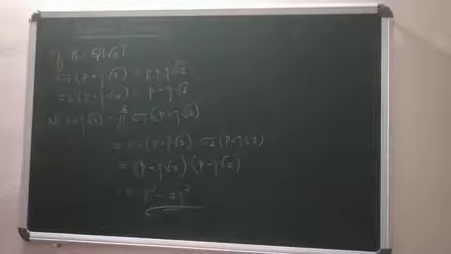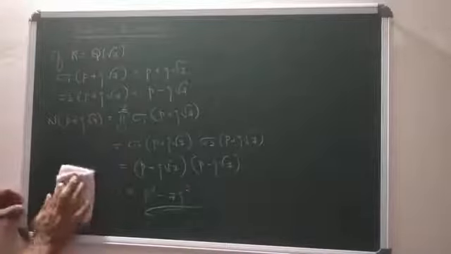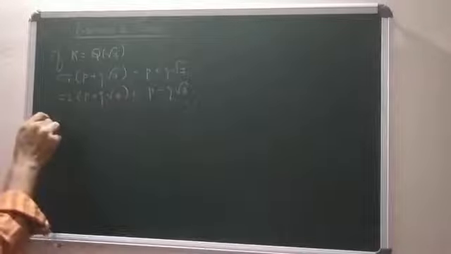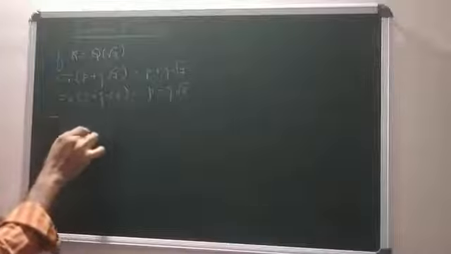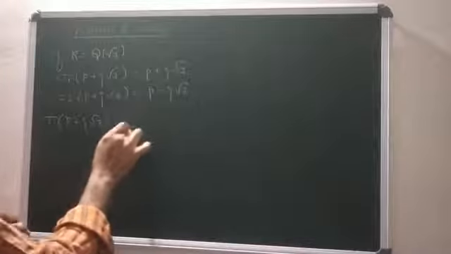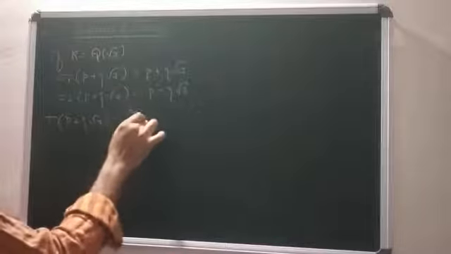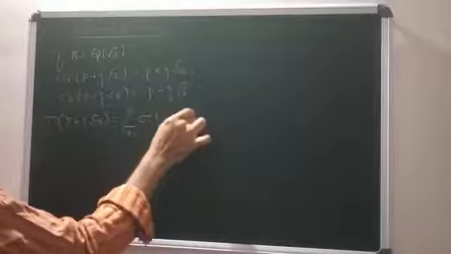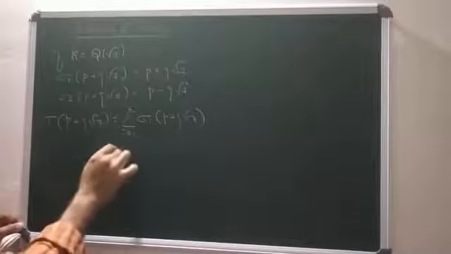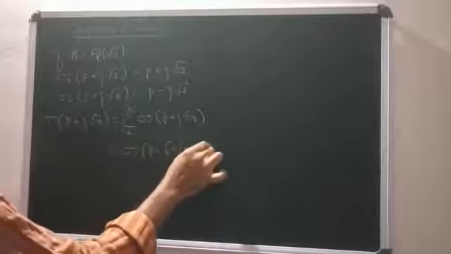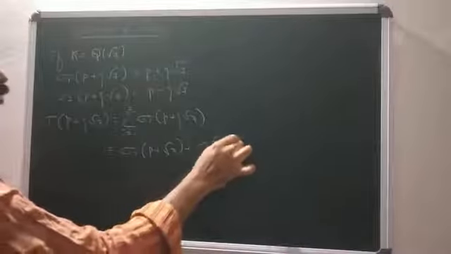What about its trace? What is the trace of P plus Q root 7? By definition, it is the sum of sigma i, i ranges from 1 to 2, of P plus Q root 7. That is nothing but sigma 1 of P plus Q root 7 plus sigma 2 of P plus Q root 7.